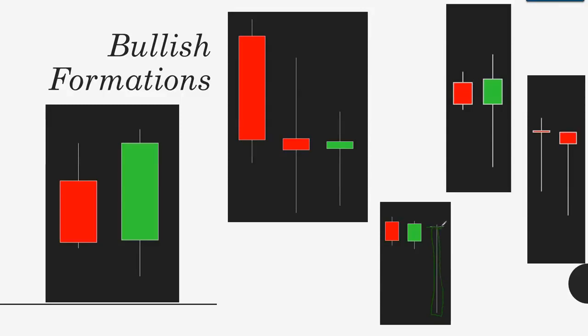That's the formation that we're looking for. In this one, they open, they push it down, make a new low, buyers step in, and then they push it right back up. Those are the formations that I'm actually looking for. Okay?